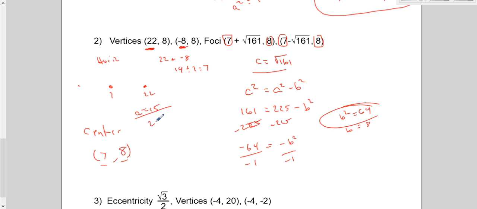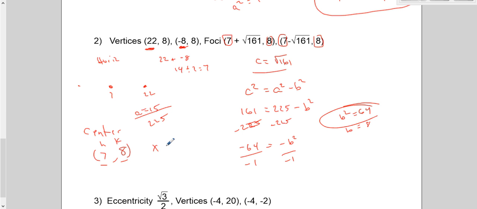And we already know that a squared is 225. We have our center, h and k. So we've got everything we need. We've got h, we've got k, we've got a, and we've got b. And we said this is a horizontal ellipse. So our a squared is going to be under x.